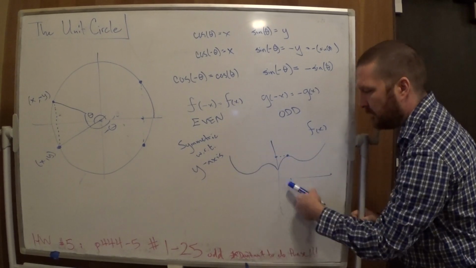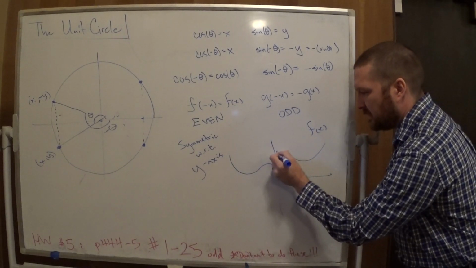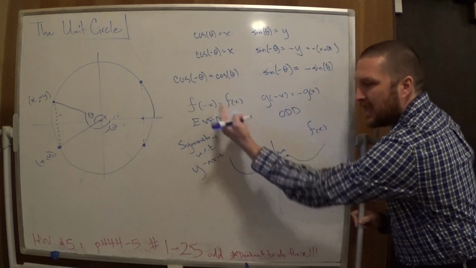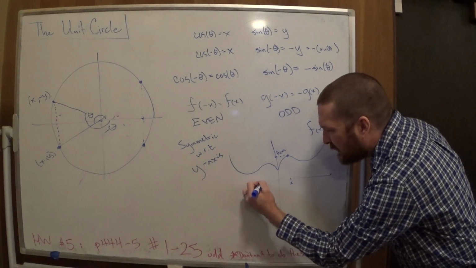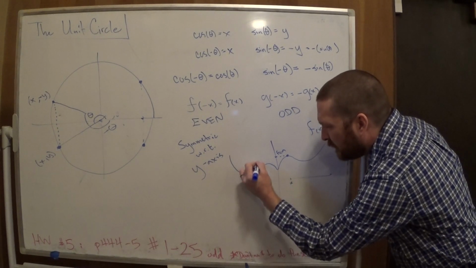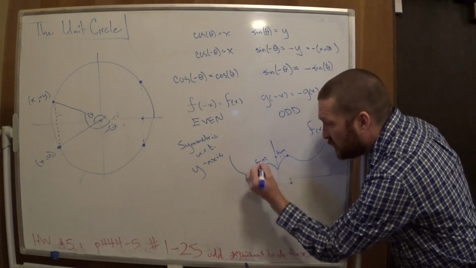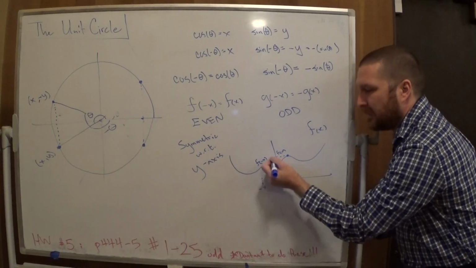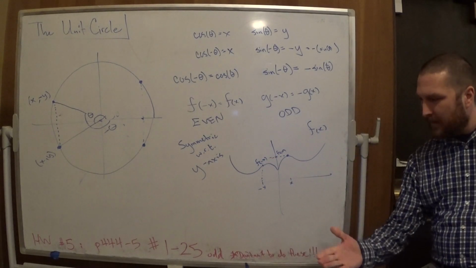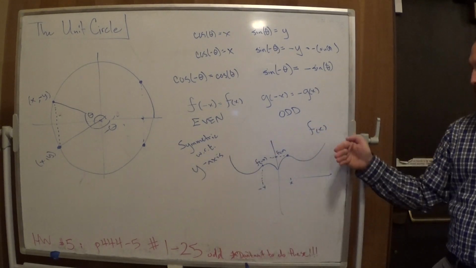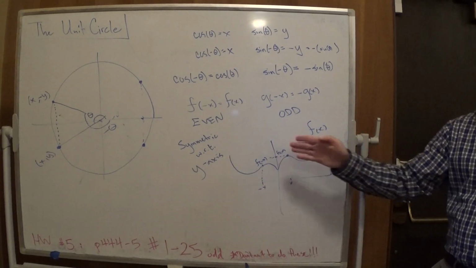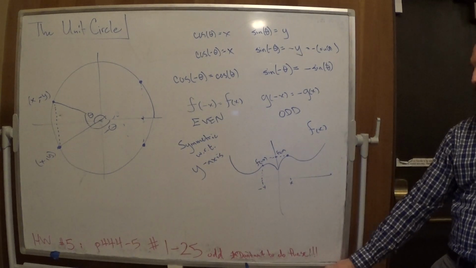But this says that if you go the same distance in this direction down to negative x and plug it in, f of negative x, you get the same height. That's why it ends up being a mirror image with respect to the y-axis.